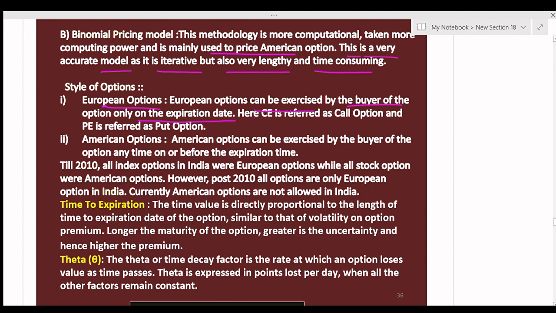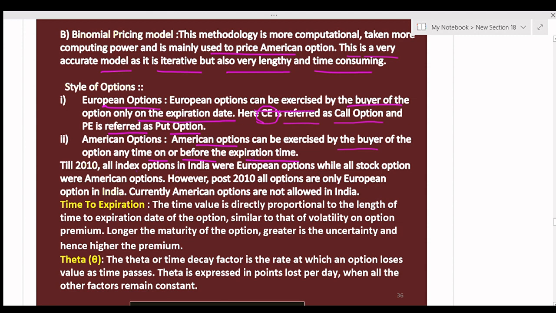Here CE is referred to as call option and PE is referred to as put option in European style. American option can be exercised by the buyer of the option any time on or before the expiration time. This is the difference.